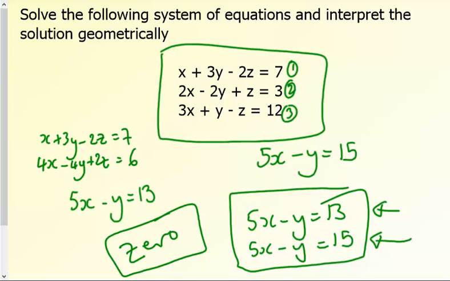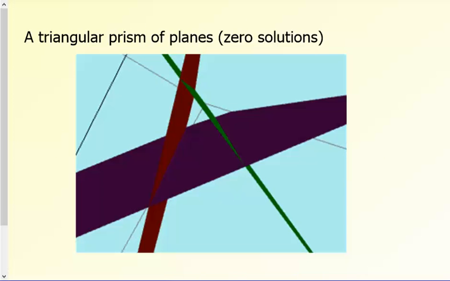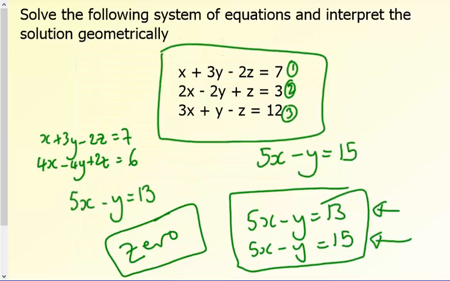Okay, welcome back. What you might have decided is that it must be a triangular prism of planes. Why? What's the reason for that? Well, for any of the other three possibilities there must have been at least two of the planes parallel to one another, and that clearly is not the case.